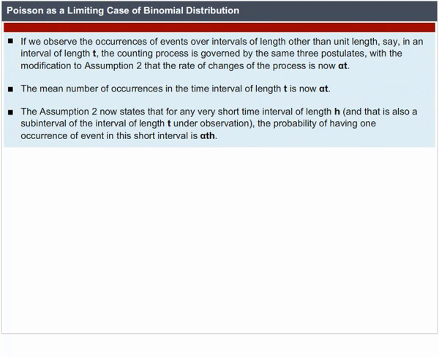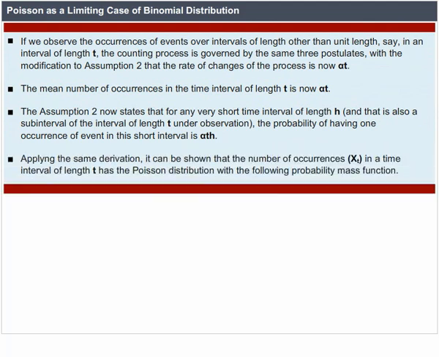Applying the same derivation, it can be shown the number of occurrences X_t in a time interval of length t has the Poisson distribution with the following probability mass function. Equation 8 implies probability of X_t equal to k equal to (alpha t) whole power k times e power minus alpha t, divided by k factorial, where k is equal to 0, 1, 2, etc.